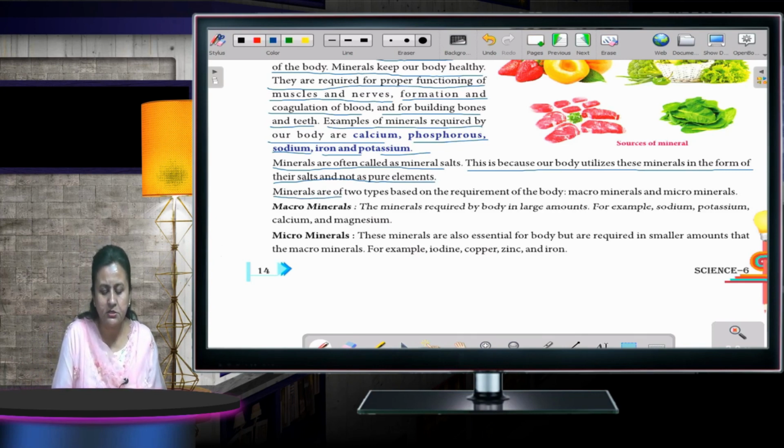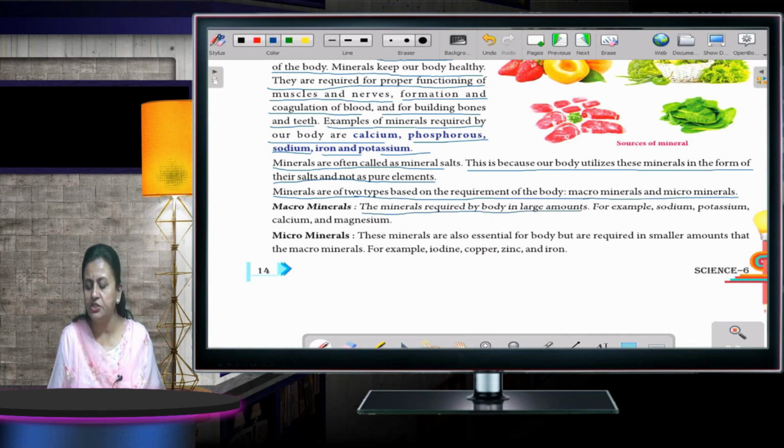Now, minerals are of two types based on the requirement of the body. First is macro and the second one is micro. The minerals required by the body in a large amount are known as macro. Micro minerals are required by the body in a small amount.